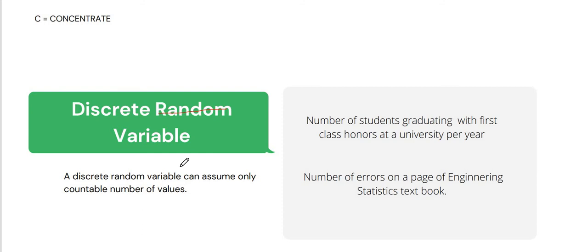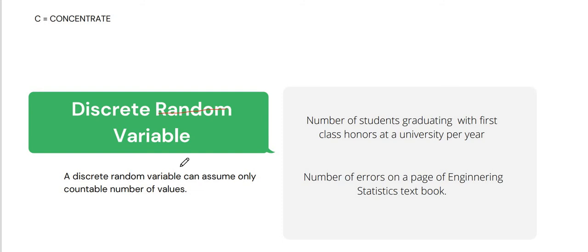This is quantitative data. We have qualitative and also quantitative. For the quantitative itself, we have another 2, which we call discrete and continuous.